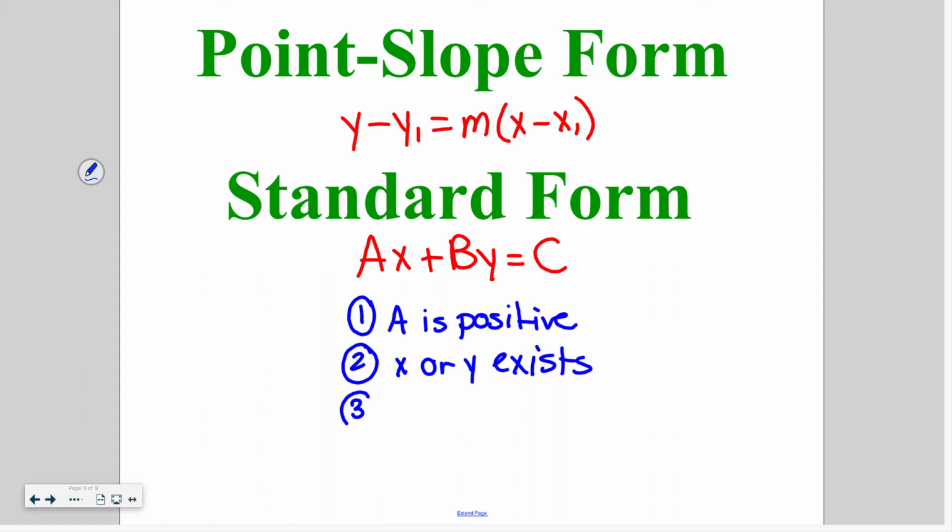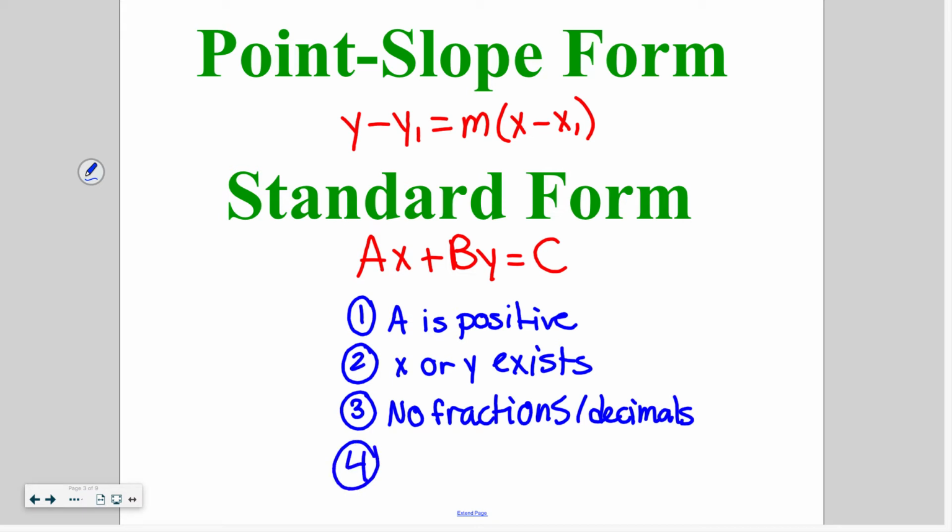Third rule, no fractions or decimals. That is going to come into play during this lesson. And the last one, a, b, and c can't be divided by the same number, aka the equation can't be reduced. So we need to still be following those four rules of standard form.